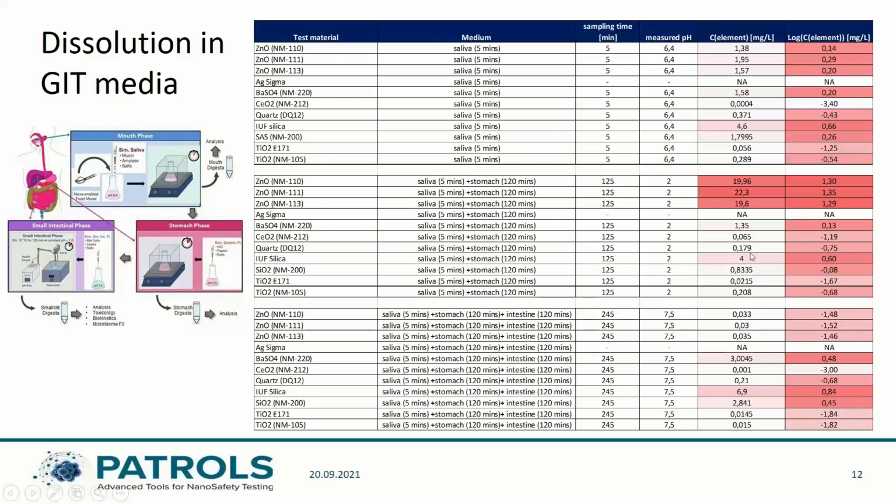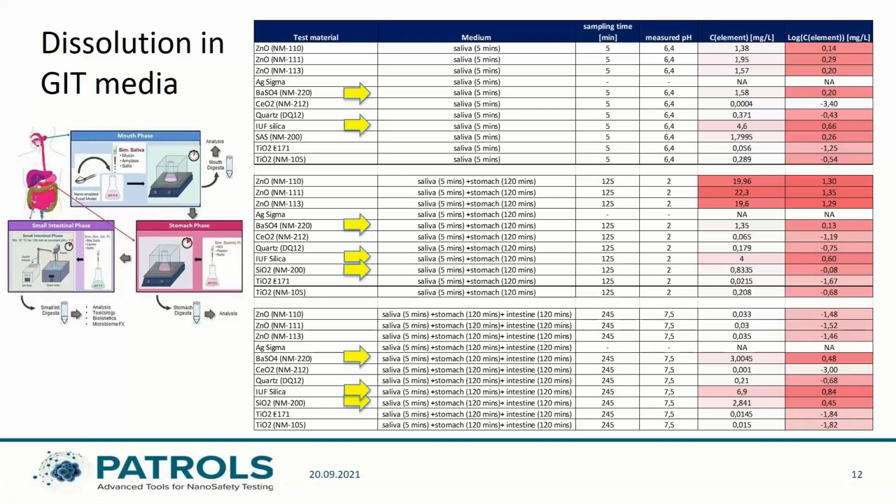We see relatively stable concentrations of barium sulfate and the amorphous silica materials here, and then we move into the more basic intestine where we see the solubility of zinc oxides dropping, so we have a reprecipitation occurring, whereas barium sulfate and the silicas are dissolved a little bit more when it comes to the silicas, but staying more or less constant for the barium sulfate.